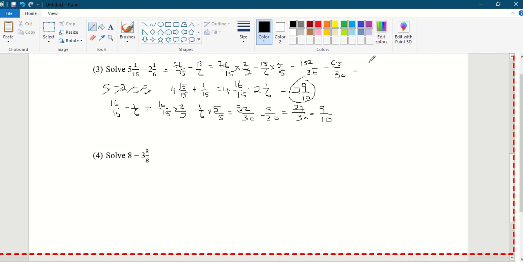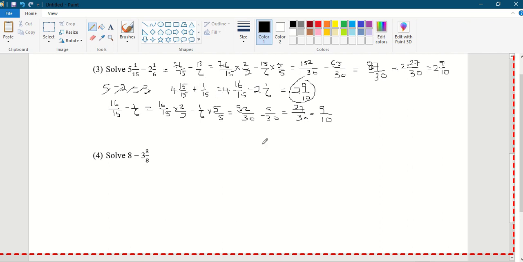So we write 87 over 30. Now how many 30s can go into 87? That will be 2 of them, and the remainder will be 27, and then 27 over 30 can be reduced to 9 over 10. Same answer as previous. So either convert them into improper fractions and solve, or you can just take care of the whole part and then the fraction part.